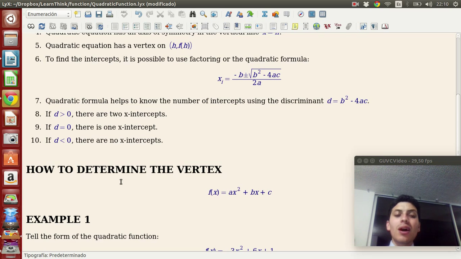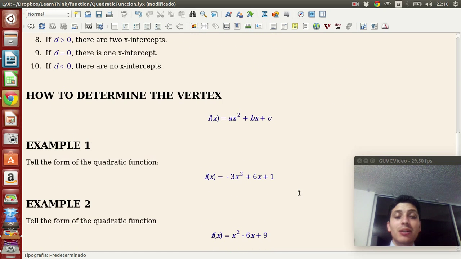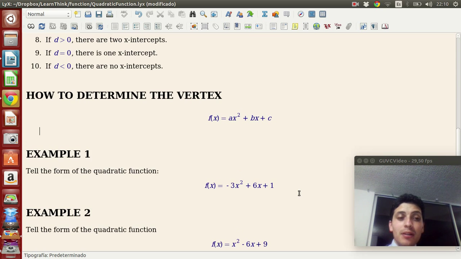Now, let me show you how to determine the vertex of a quadratic function using some steps that are easy to understand. What are we going to do? We're going to try to express this function in such a way that we have the function a(x squared) plus b.